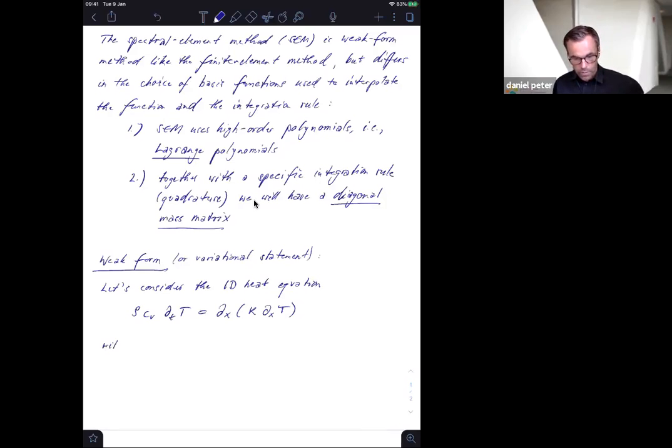So in our case, we have temperature T, which is a function of position and time. So this is the unsteady state heat equation we look at. And the domain here goes from 0 to L.